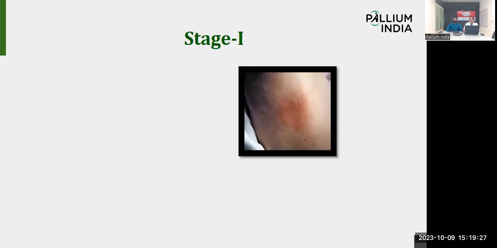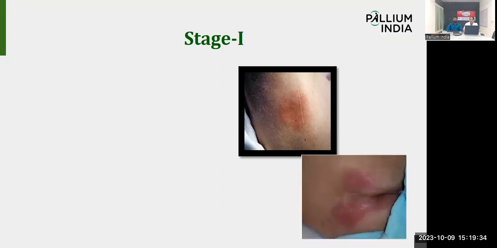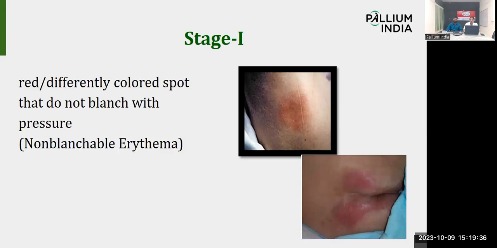First is stage 1. As I said, there is a slight redness in the skin. Whenever you see stage 1, you have to be extra conscious, right? This area is a differently colored red spot that cannot be blanched with pressure. When we put a little pressure on that area, it is non-blanchable erythema.